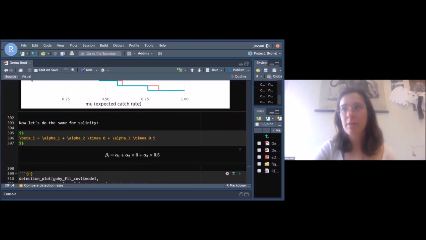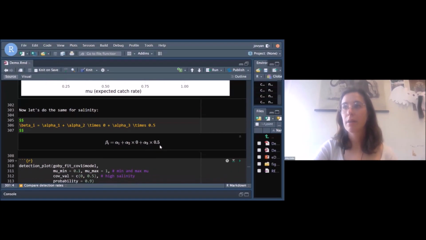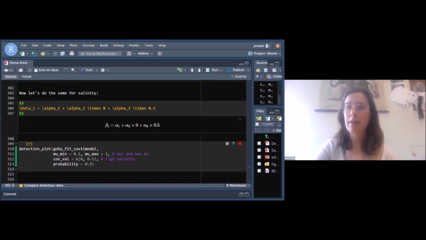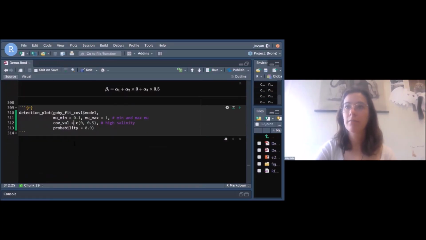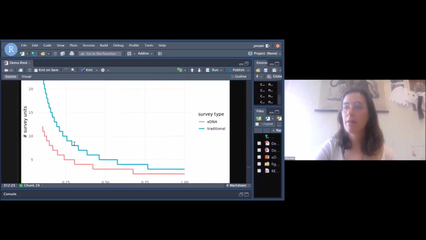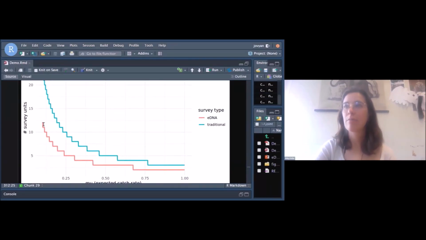We can do the same exercise for salinity. This time we're going to consider a site that is more saline, so we indicate this by updating the covariate argument to be 0 and 0.5. If we compare this to our first plot that was calculated for an average site, we would see that the coral line is a little bit lower.